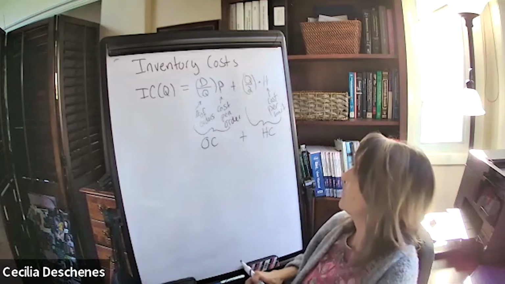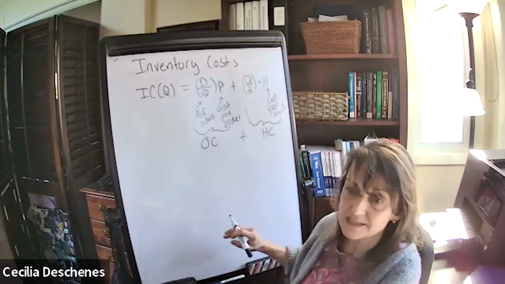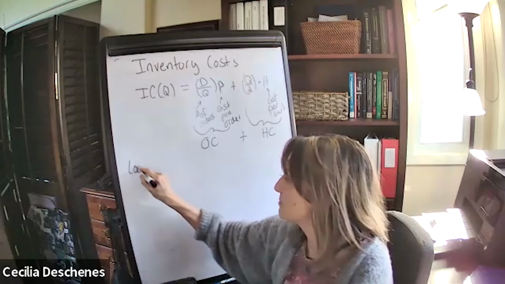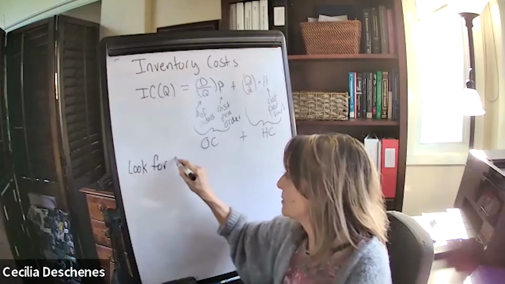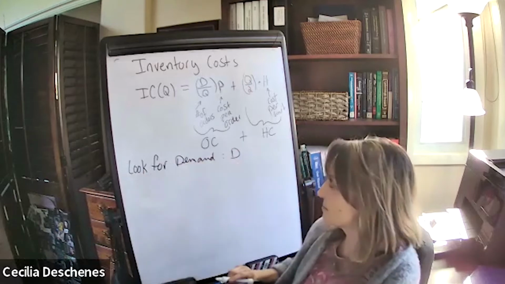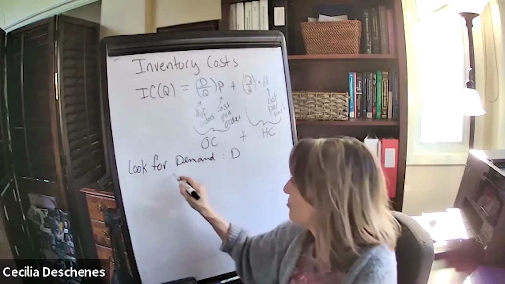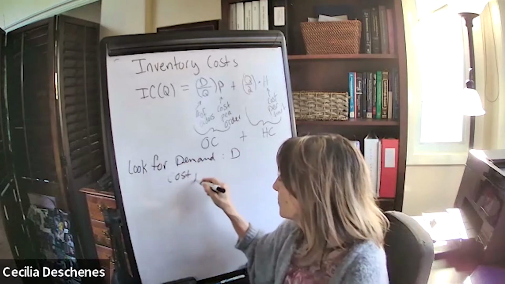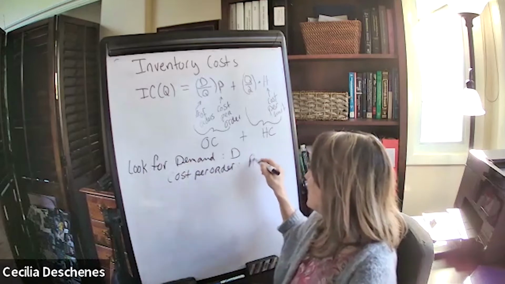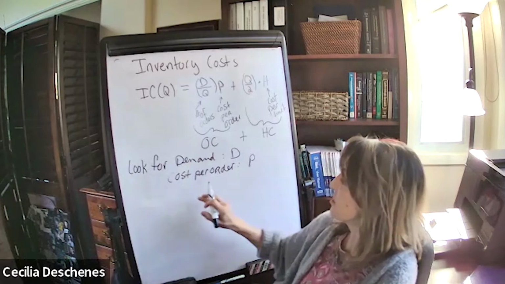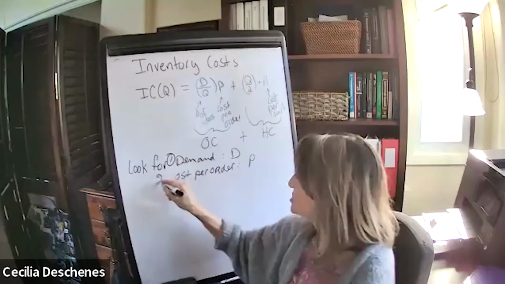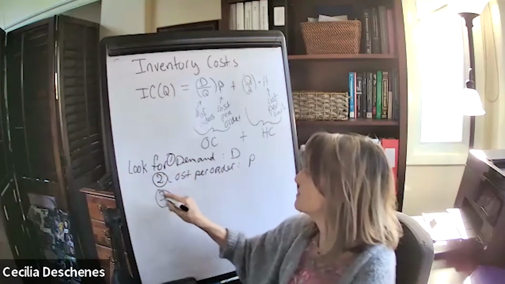All right, so when you get a problem like this, what you're going to want to look at is what is the demand. So look for the demand. Somewhere you're going to get the demand T, and then also the cost per order, which will be the P. So you have to find these 3 bits of information in the word problem: the demand, the cost per order, and the third thing is the holding cost.